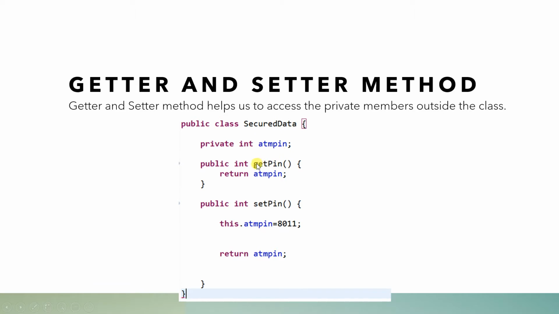According to the naming convention, the method must be public because we are going to call it outside the class, and it must be a return type method. These are the prerequisites of defining getter and setter methods. And the name must start with get and set. That's the best practice.